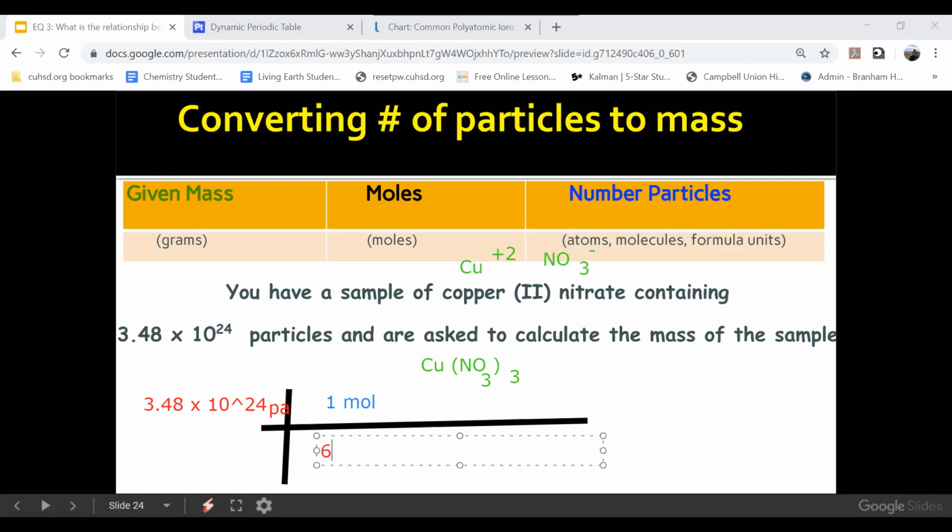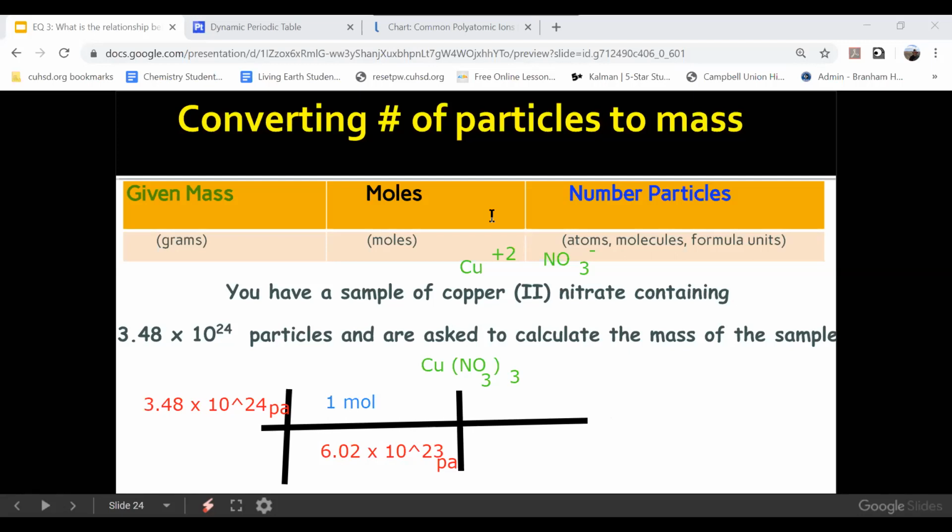So it's 6.02, it's Avogadro's number, times 10 to the 23rd. We're then going to separate this out, and that's going to be particles here as well. So just realize that this number is going to be the same. So if I do that here, just write PA again to indicate the unit.